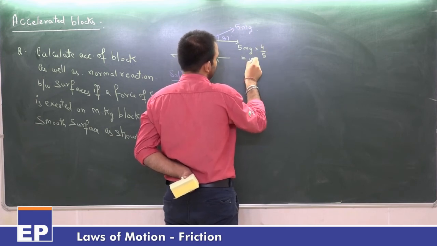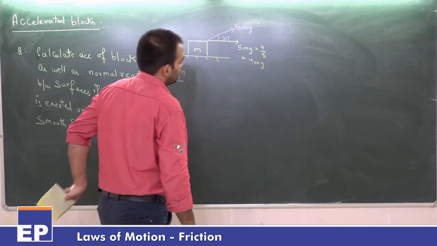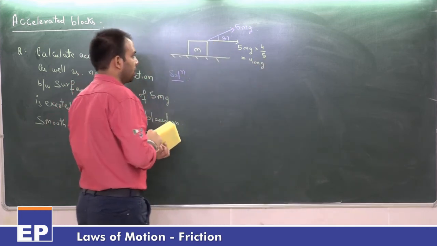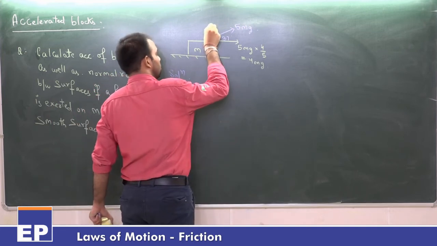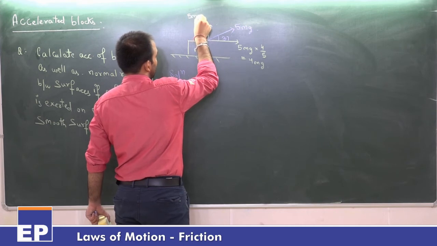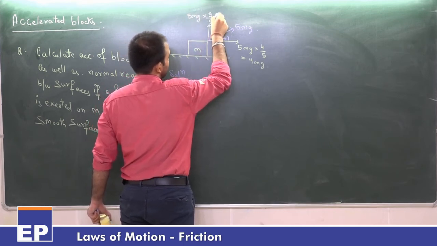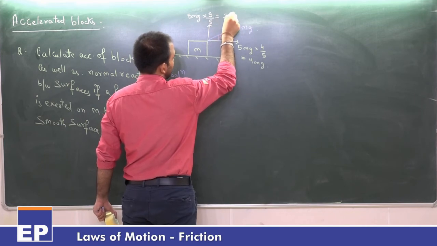This will be 4 mg. There is another component in the vertical direction. This is 5 mg sine 37. Sine 37 is 3 by 5. That is 3 mg.